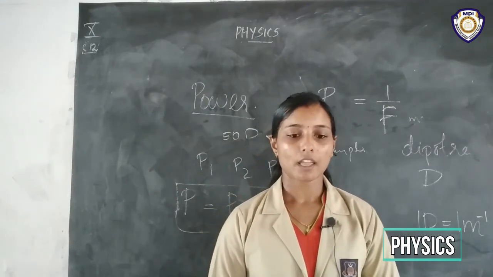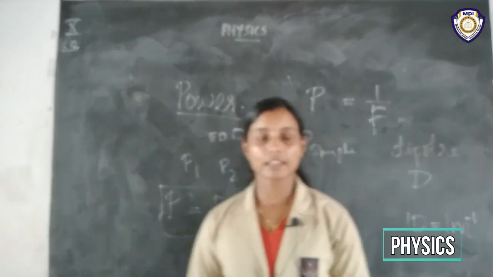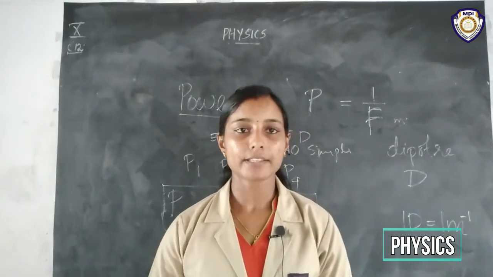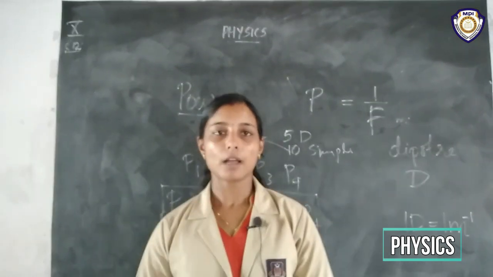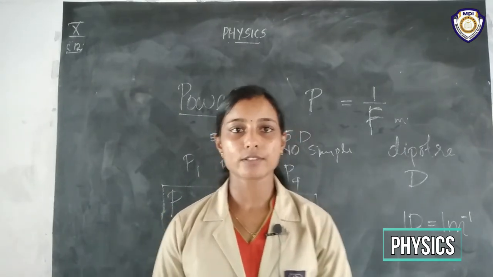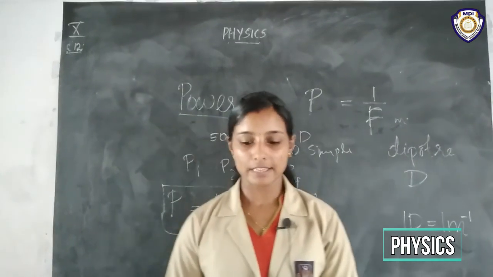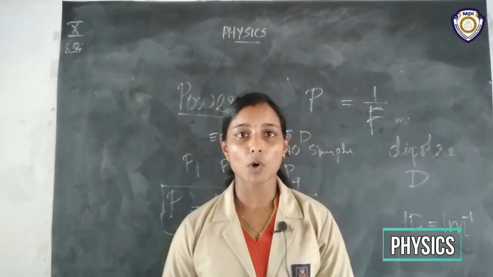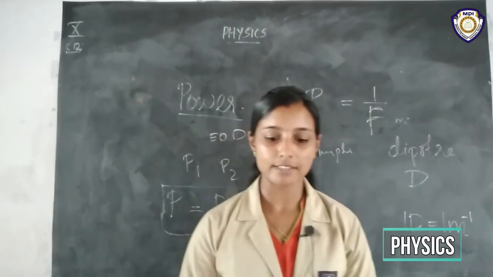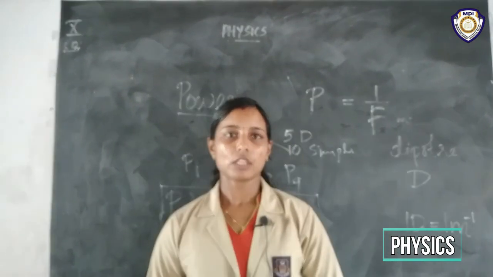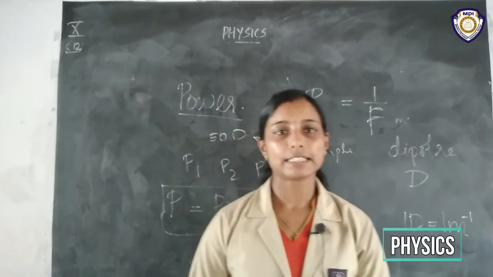These things are given in the box 'More to know', so you should read that. It is about the power of lenses and this additive property of simple lenses to form compound lenses. You can get more idea about the power of a lens from this box, and you will be clearer about these things.